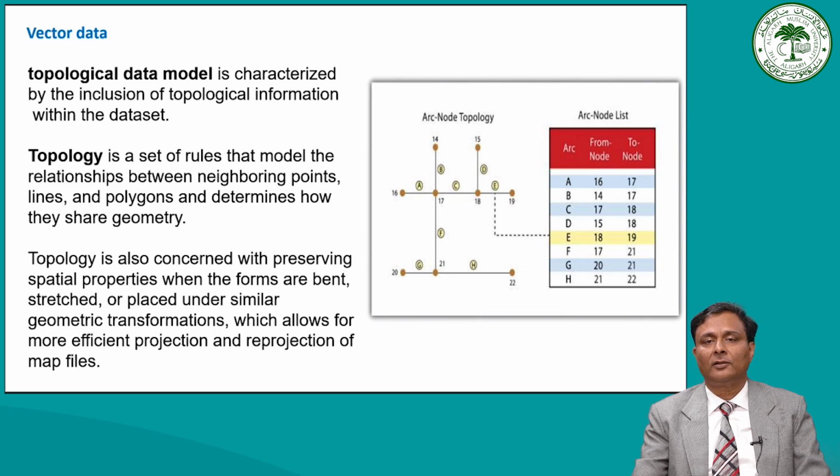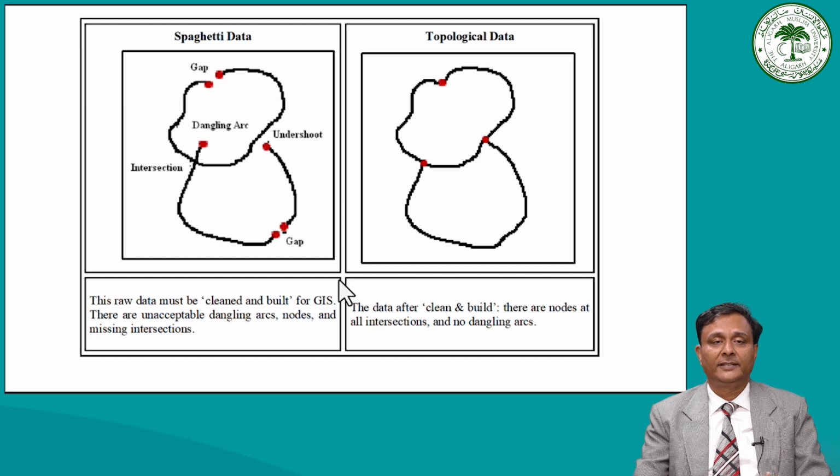Similarly, within vector data, the spaghetti model has certain deficiencies, but the topological model has far fewer discrepancies and errors. So I would say in modern day spatial information, the topology model within the vector data format is ultimate and well accepted by everyone. Now this diagram shows how the spaghetti model works. The image clearly depicts the difference between the spaghetti and topology data models.